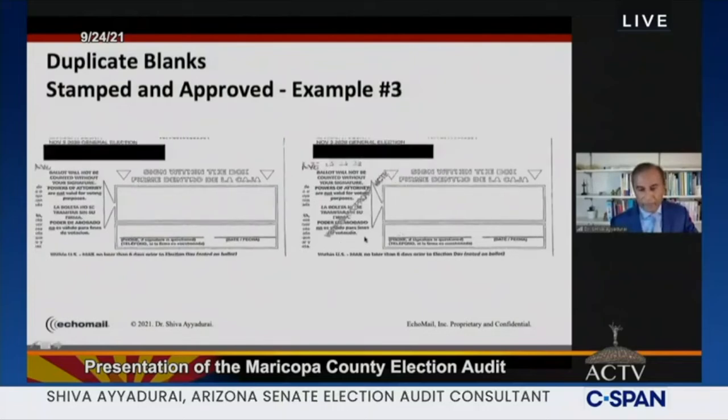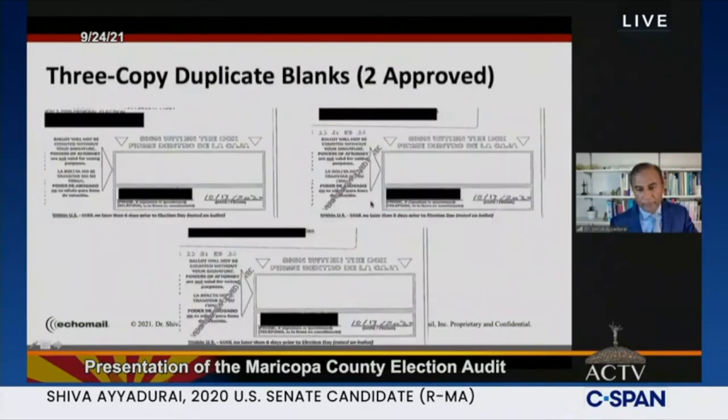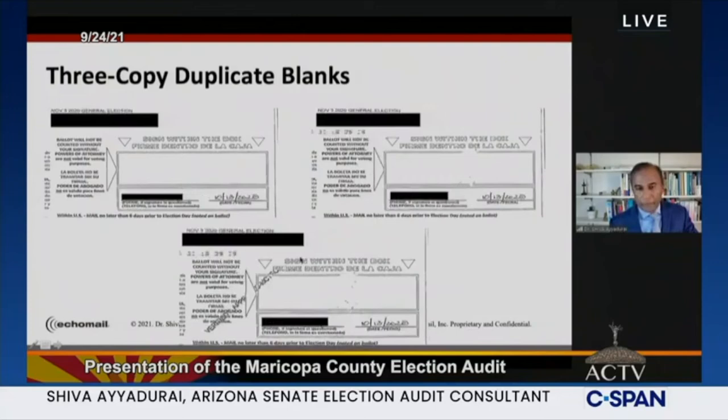Here's another one, example 3. 2 duplicates, the blank being approved. Same here, 4th example, and there are many others, but these are pure blanks, and they're being approved. In fact, this is a 3-copy duplicate, where 2 are approved. So 1 voter sent in 3 copies, and 2 got approved. Another one is a 3-copy duplicate, where 1 is approved.